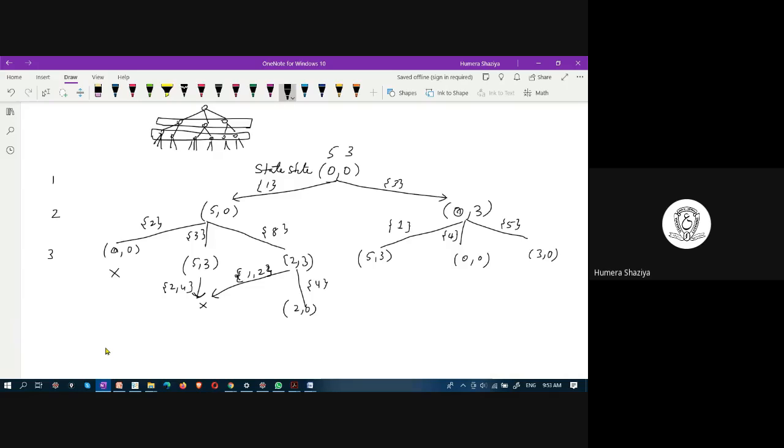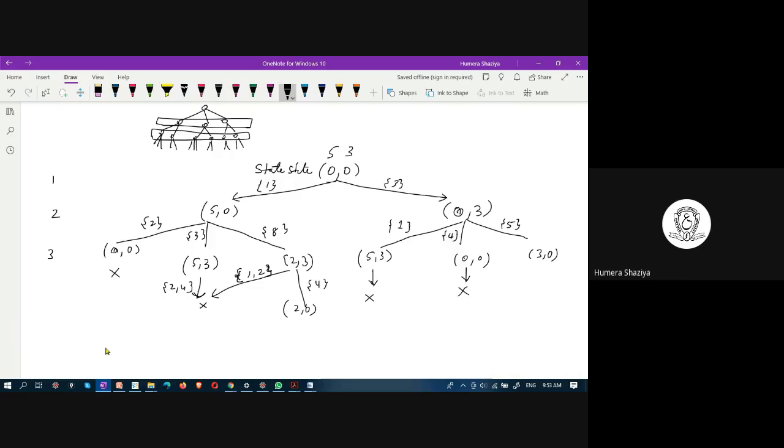When both are filled up, will it take us to our resolution? No, ma'am. Both are filled up, so nothing can be done here. We have to stop exploring from this. Here 0, 0 again should be stopped.